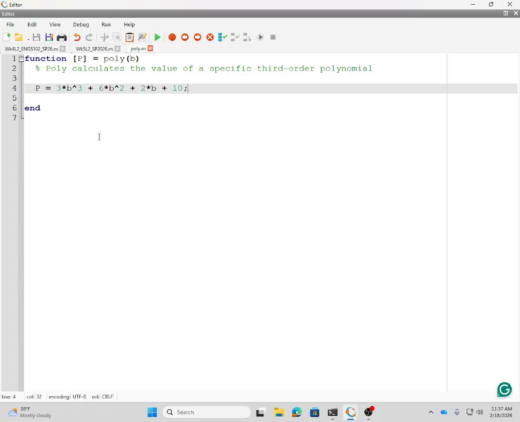You typed everything correctly, like the function name, and did you put the bracket? Found anything? Not that I can see. No, wait. Here, the space between poly and parenthesis. Try that. Ah, so there's a space. You've got to run this one. That should do.